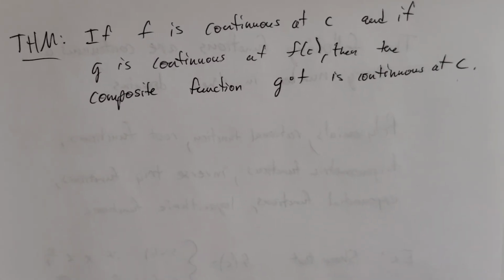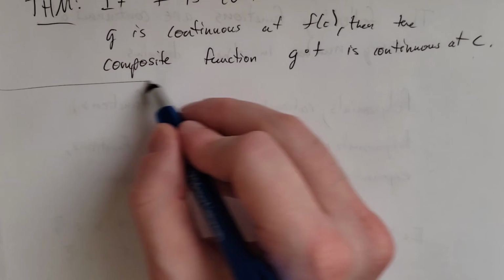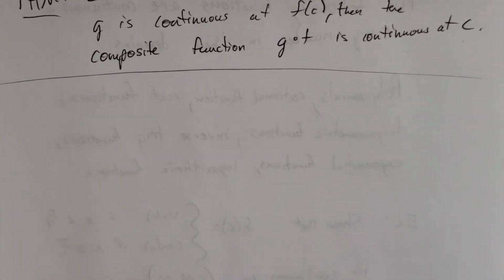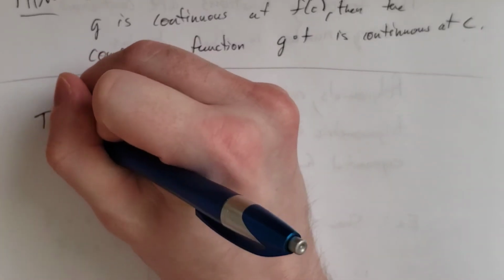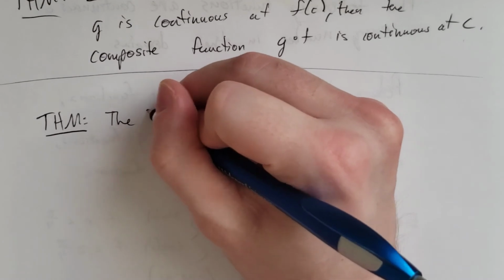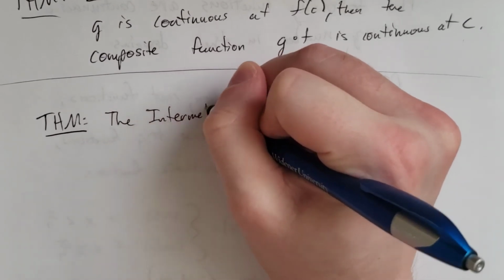Okay. And then there is one last thing we want to talk about, and so I'm going to write out a theorem, and then from there we'll look at a picture to see what that means. So, theorem, the intermediate value theorem.